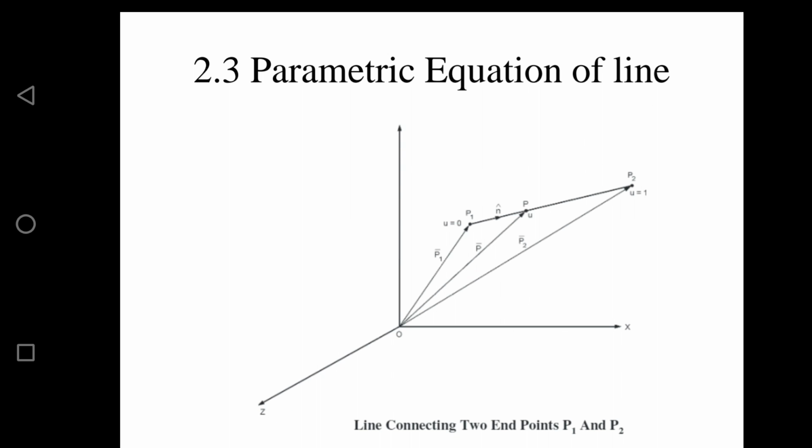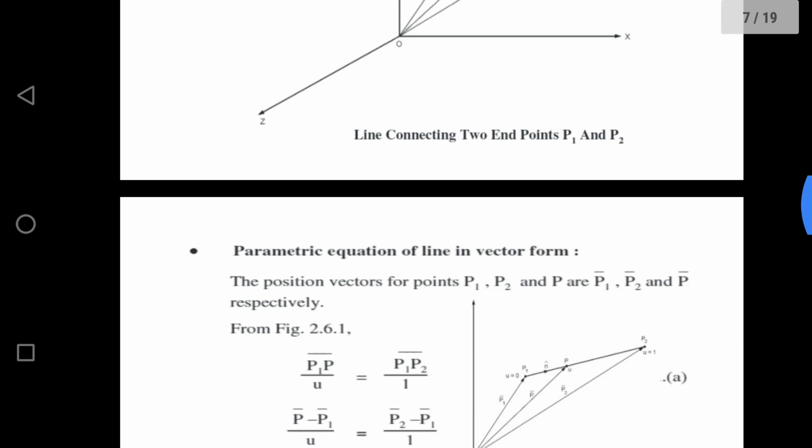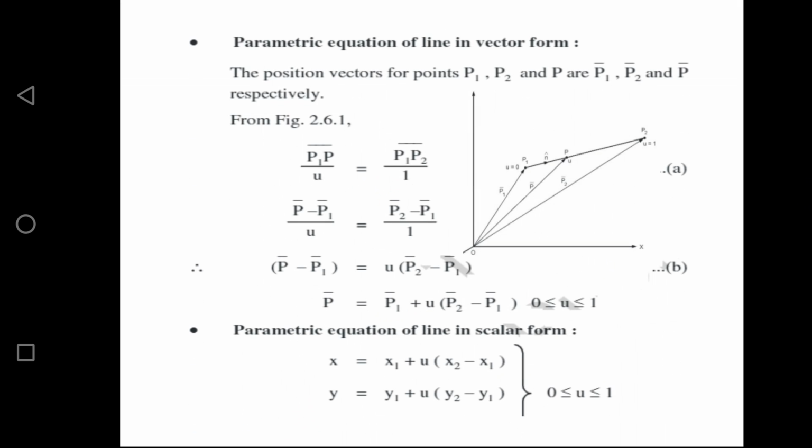In the last video lecture we derived the parametric equation of a line. The parametric equation of a line in vector form is p bar equal to p1 bar plus u into (p2 bar minus p1 bar), where p1 bar and p2 bar are the position vectors for the endpoints of the line and u is your independent parameter.